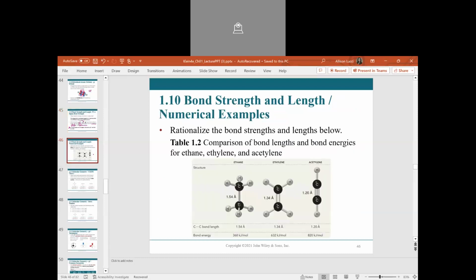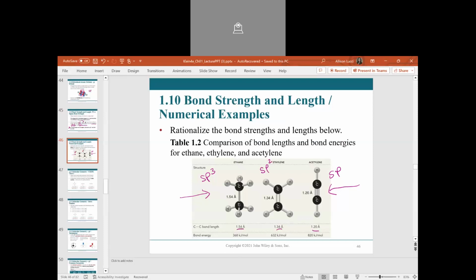And last but not least here, this slide gives you a graphic representation of the molecules here. So we have an overlap of an sp3 hybridized orbital in ethane through sp hybridized over here with acetylene and everything in between. And then we have the corresponding lengths.